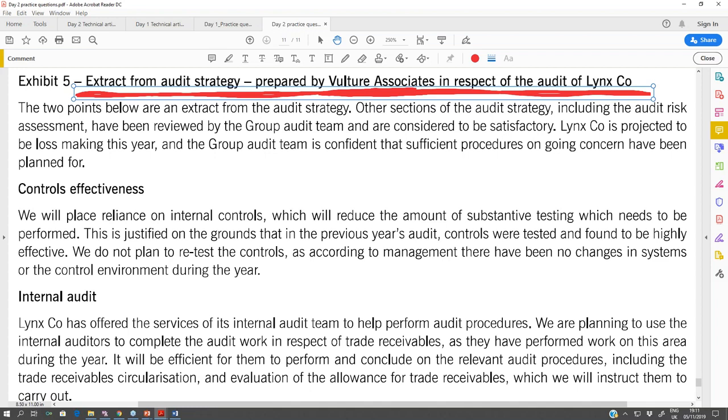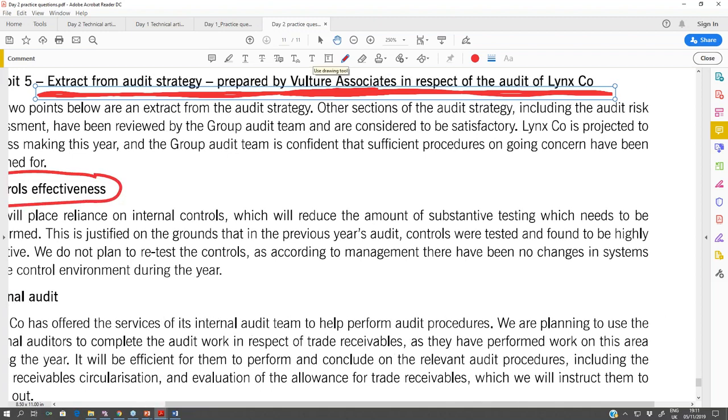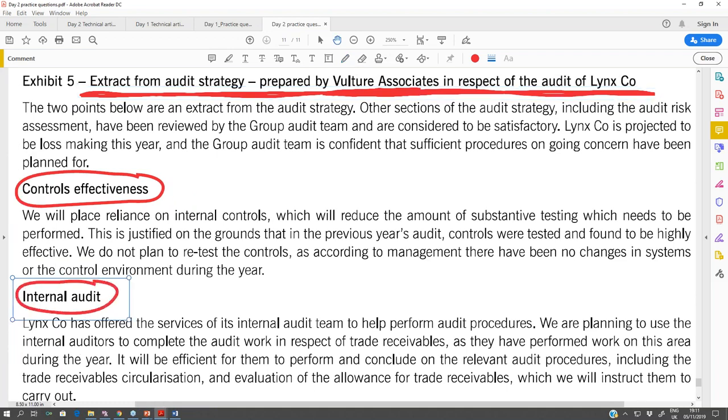Other sections of the audit strategy, including the audit risk assessment, have been reviewed by the group audit team and are considered to be satisfactory. So apart from these two areas, control effectiveness and internal audit, the other parts of the audit strategy have already been reviewed by the group auditor, and the group auditor is very much satisfied with them.